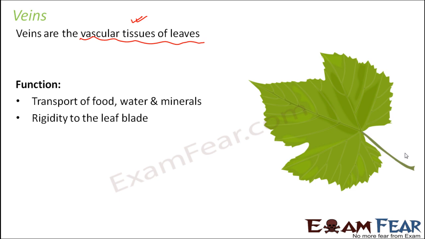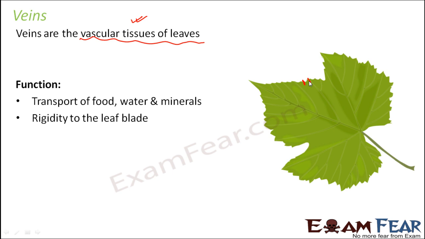They also provide rigidity to the leaf blade. If you see these veins, they are quite strong or rigid compared to the other portion of the leaf. If you take any leaf in your hand, you will see that it is very easy to tear the leaf from the other portion, but it is not that easy to tear the leaf from the vein, because the veins are a little rigid.